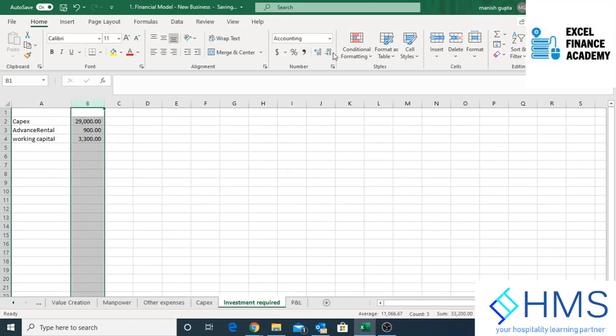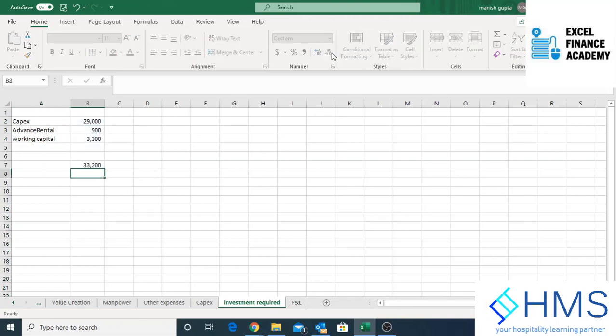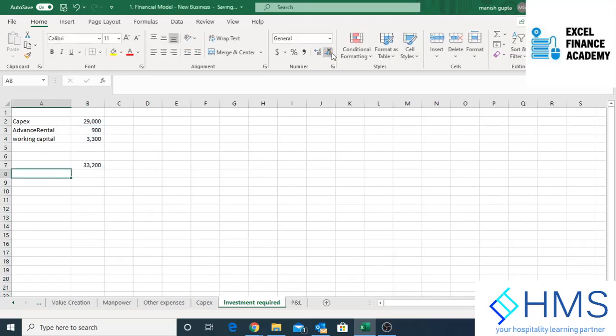Now what else do we need? That's pretty much it. And then you can say, okay, your total money requirement is 33,000. Do you have 33,000 to use at the start? If you don't have it, you may want to take a loan. Let's say my own capital is $10,000 and I take a loan from my friend for the balance.